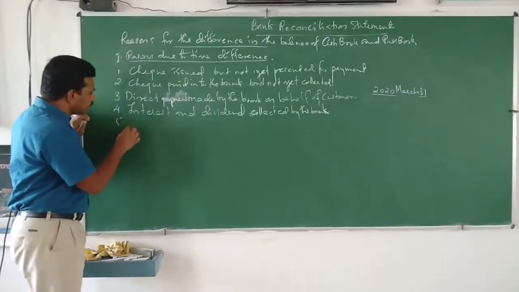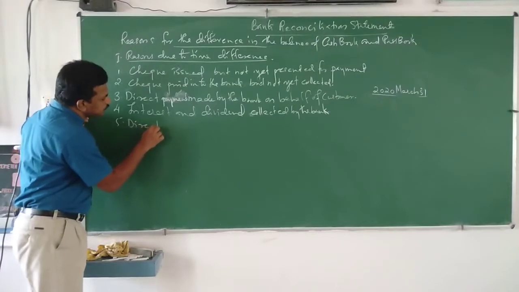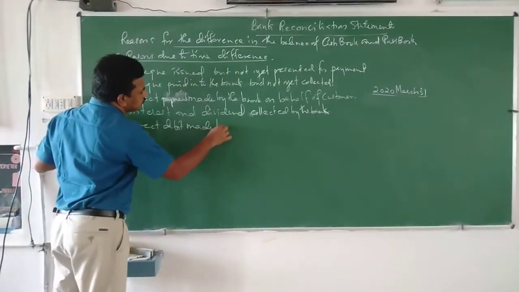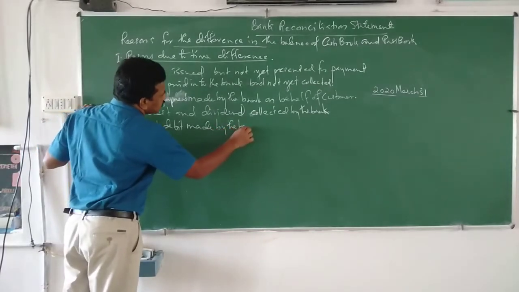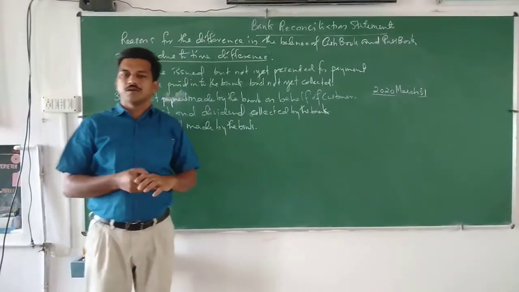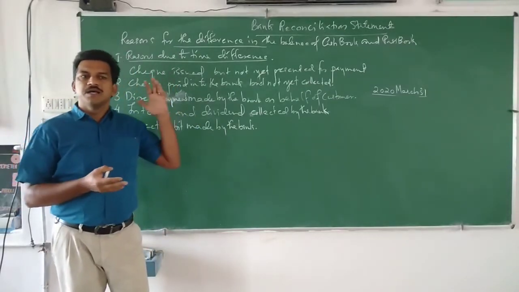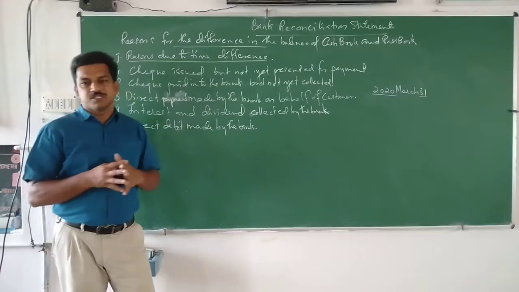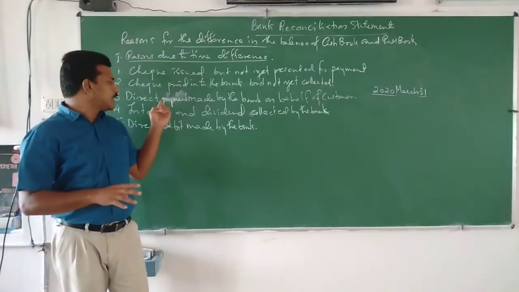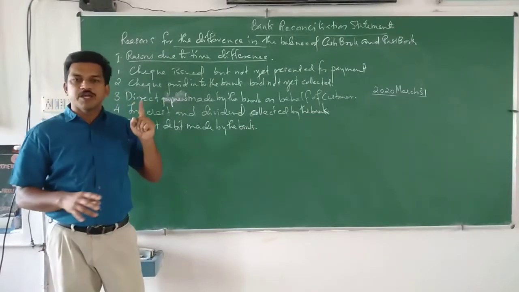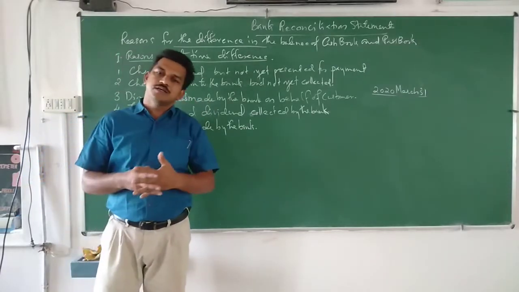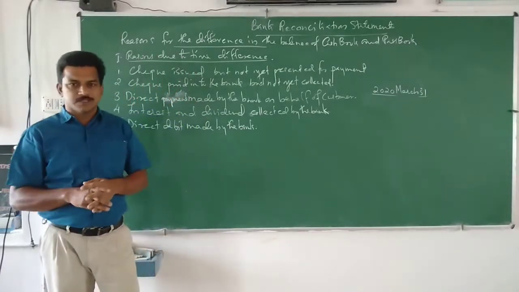Another one is direct debit made by the bank, when the bank makes some debit in the passbook. Third point we have spoken regarding direct payment of insurance premium or rent or something like that.